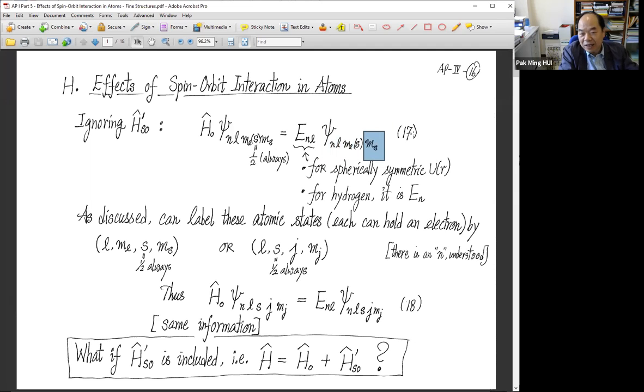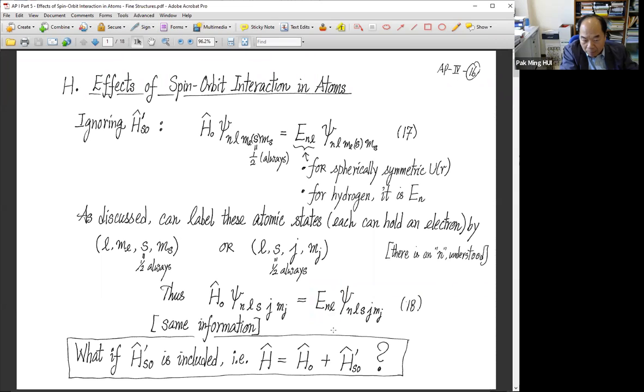You get all this, and then you know the energy. We also studied that we can relabel these states using j and m_j. But it's just relabeling. If we have the same basic Hamiltonian, the energy will be E_n and l, meaning 2s, 2p, things like that, in general for central force Hamiltonians.